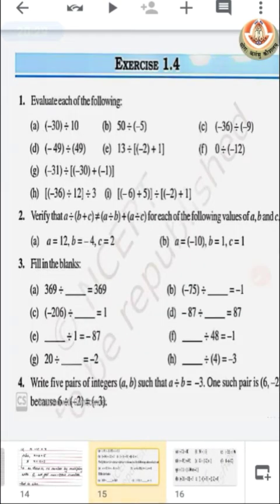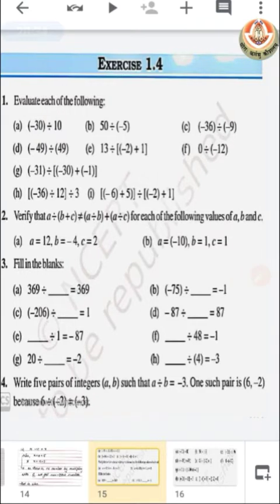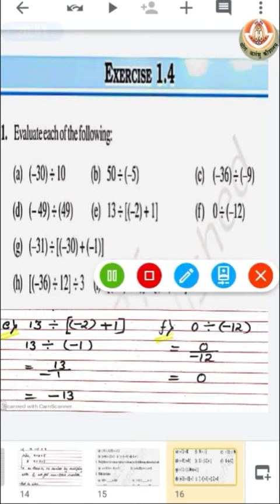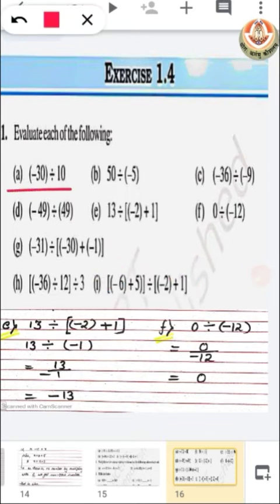Now, let's solve a few questions of exercise 1.4. The first question is, evaluate each of the following. In this, we have to solve very easy divisions. For example, in A, it is minus 30 divided by 10.